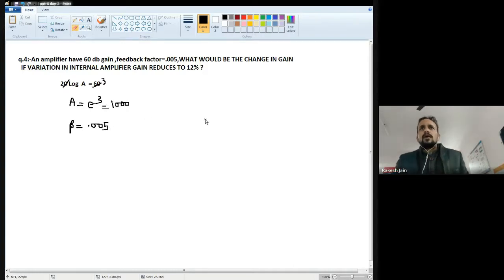Okay. What would be the change in gain? Change in gain means variation in gain.